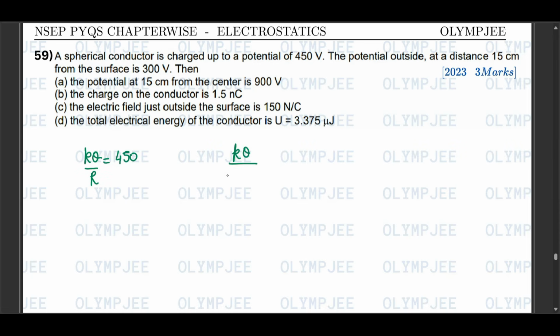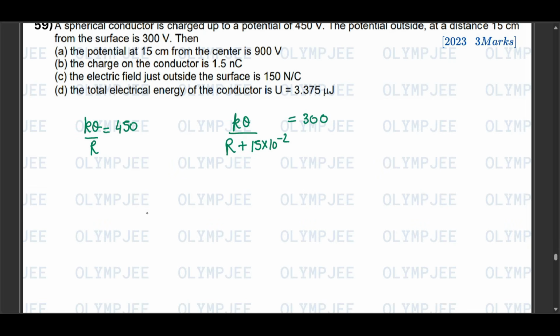So kq by r plus 15 multiplied by 10 raised to power minus 2 in meters, 15 centimeters, is 300. So if we take the inverse of both, this will become r by kq plus 15.